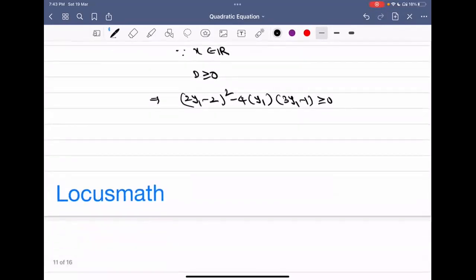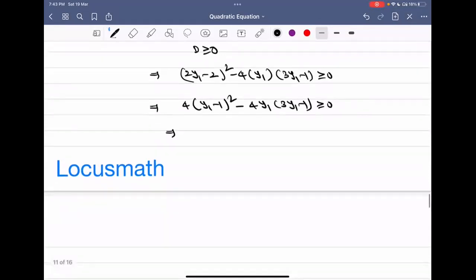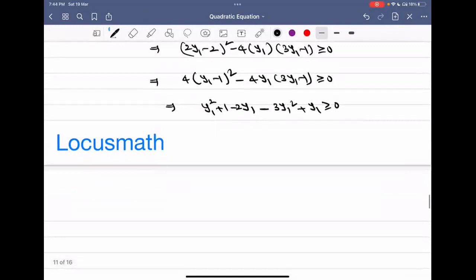So here, if you take 2 out common, this is 4 into y1 minus 1 whole square minus 4 times 3y1 minus 1, greater than or equal to 0. So take 4 out common and cancel out, and expand y1 minus 1 whole square. Therefore, y1 square plus 1 minus 2y1, minus, if you open this bracket, 3y1 square plus y1, is greater than or equal to 0. This implies minus 2y1 square minus 2y1 plus y1, that is minus y1, plus 1 is greater than or equal to 0.